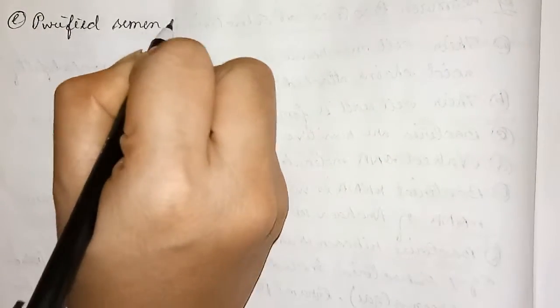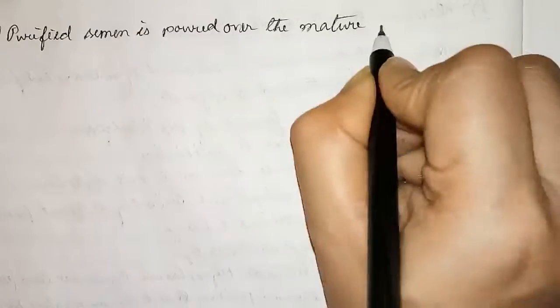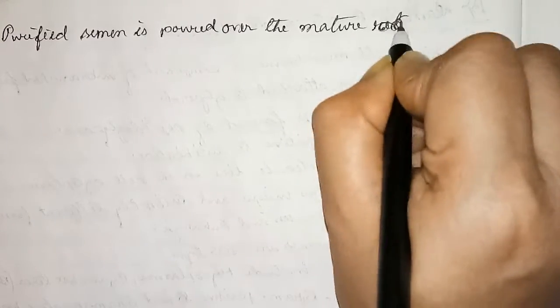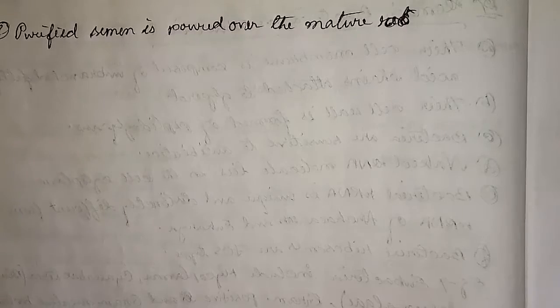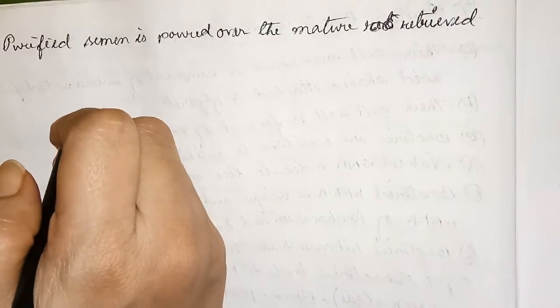Now the next procedure is that the purified semen is poured over the mature retrieved oocytes.